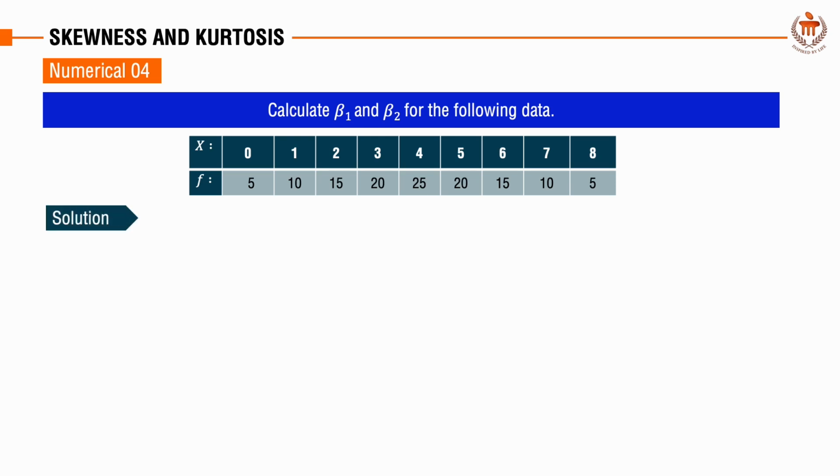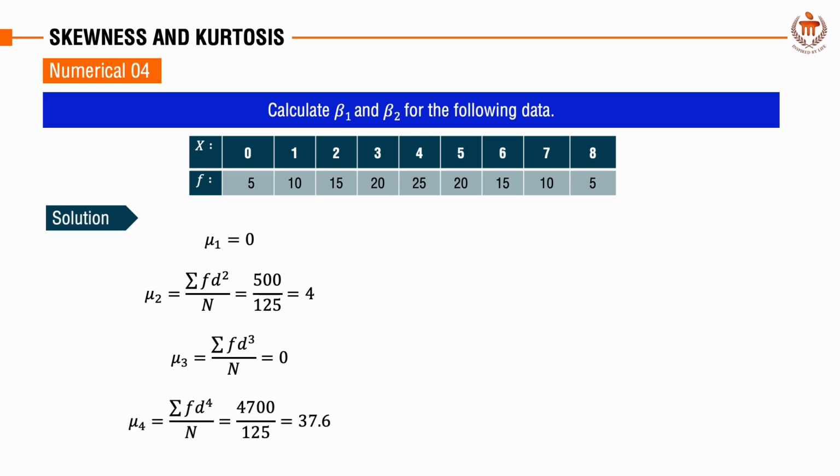Mu 1, which is about the mean, is always zero. For mu 2, mu 3, mu 4, we have discussed: mu 2 is the sum of fd square by N. Here you get 500 by 125, which is equal to 4. We discussed the same numerical on moments in the previous session, so we calculated mu 2, mu 3, mu 4, and when we solve it, we get the same values.